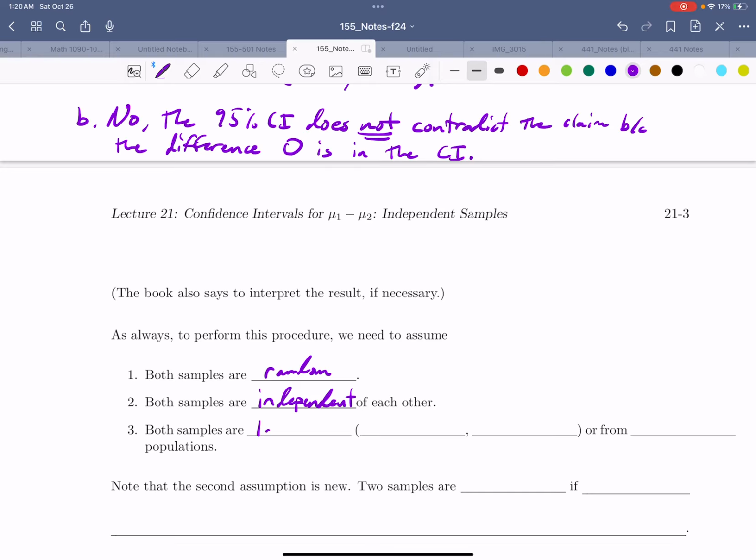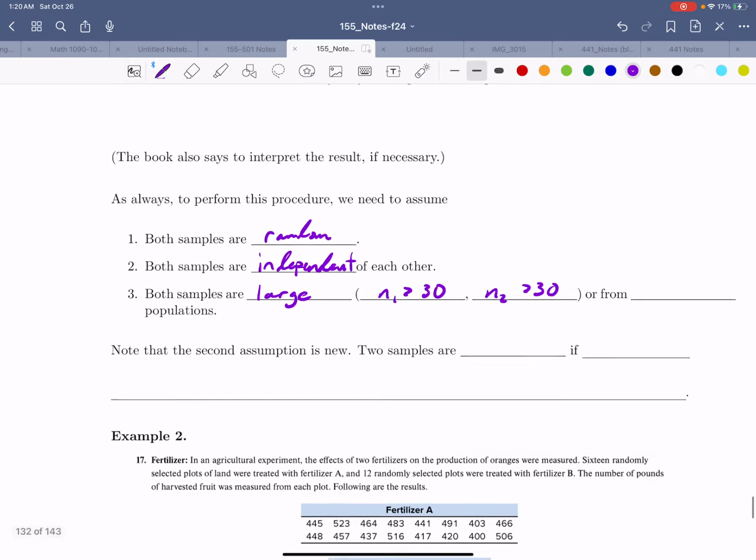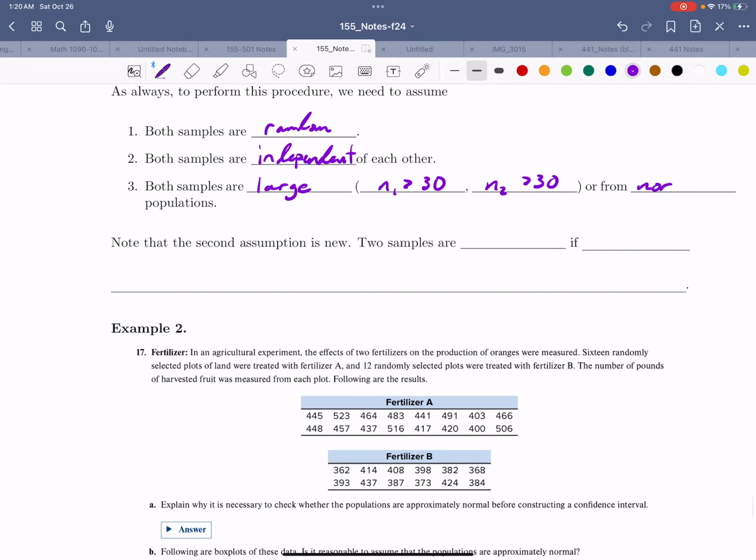And both samples are either large, which means that N1 is greater than 30 and N2 is greater than 30, or from normal populations. Because if the sample size is small, then we need to know that it's from a normal population. Now remember that two samples are independent, because we haven't seen this much before, if they don't affect each other.